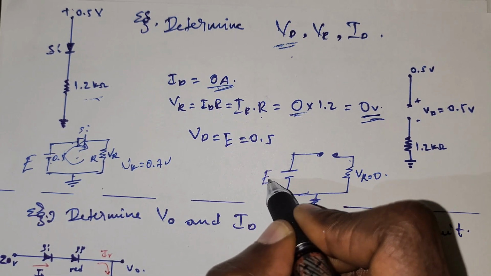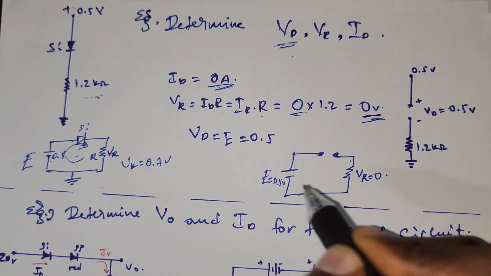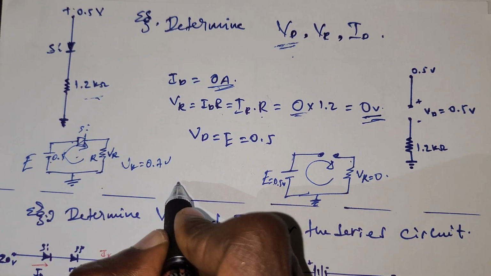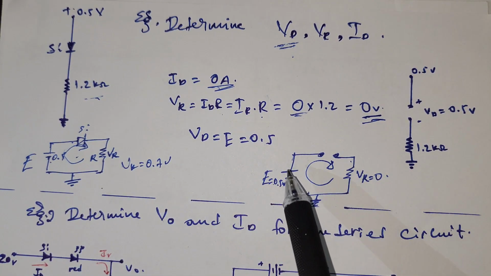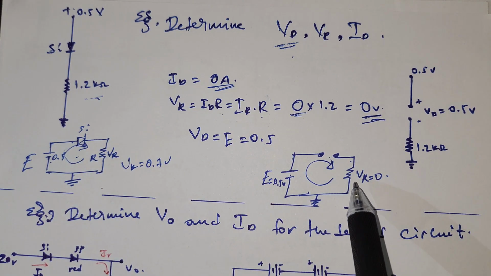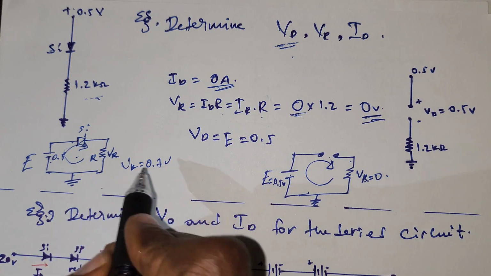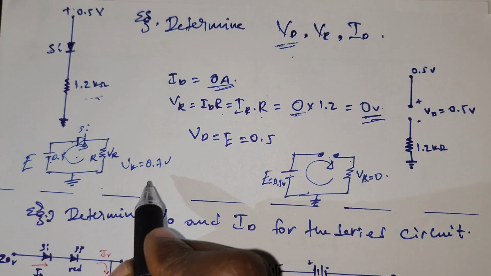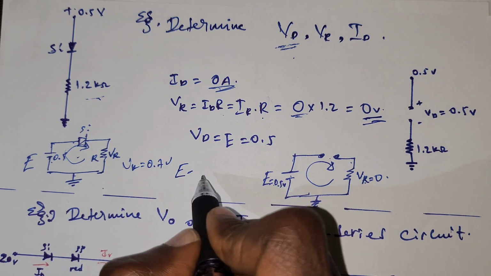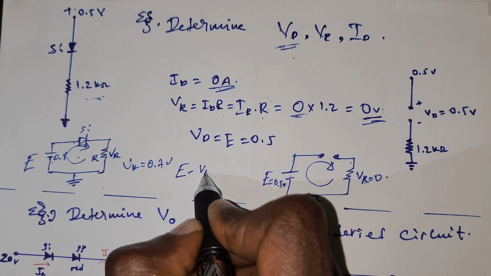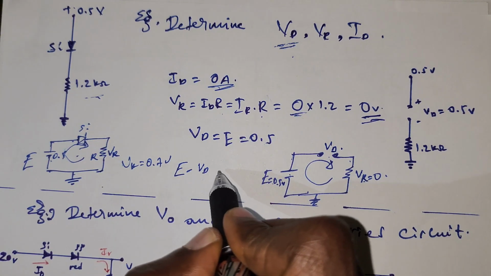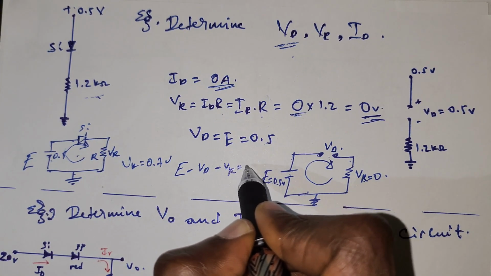So VR is equal to 0. E is the battery, the supply, which is equal to 0.5 volt. So we apply KVL to this circuit. Applying KVL, there are 3 components: this open circuit, the silicon, and VR. E minus VD, the voltage across the diode, minus VR is equal to 0.